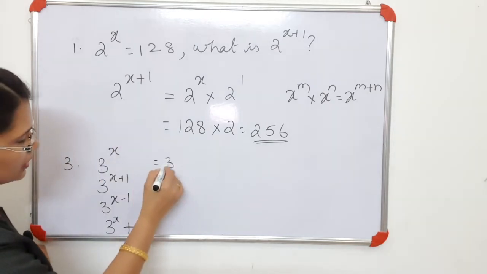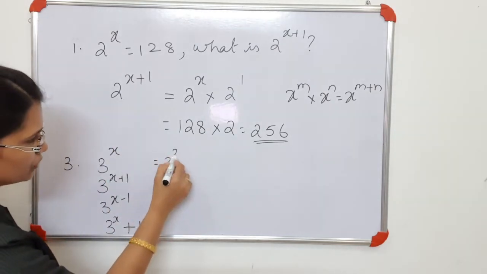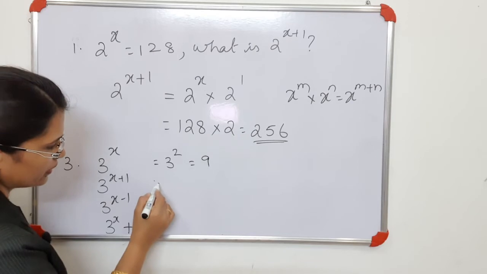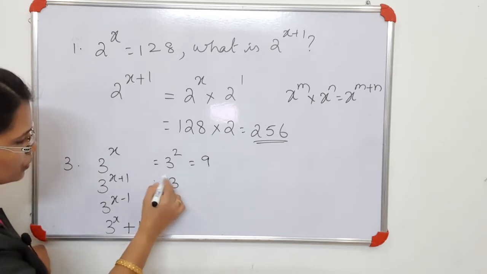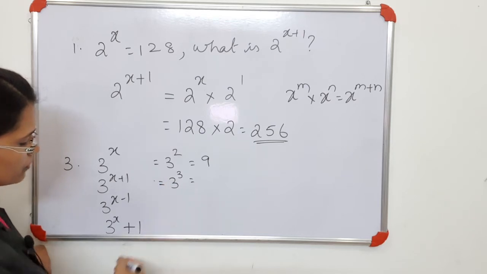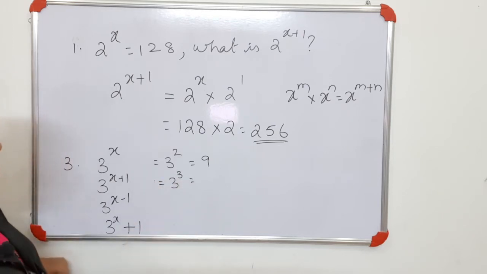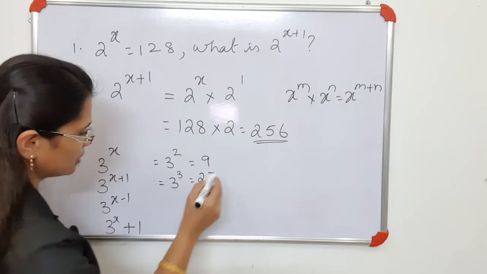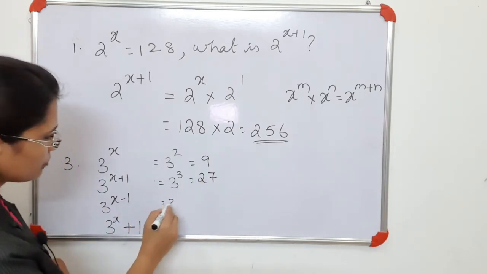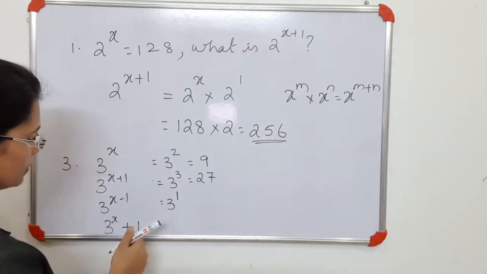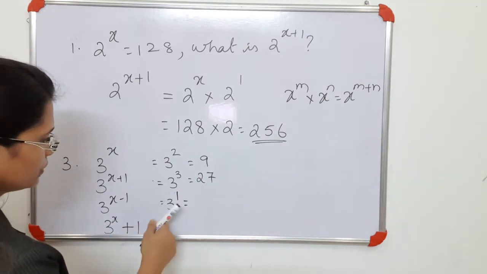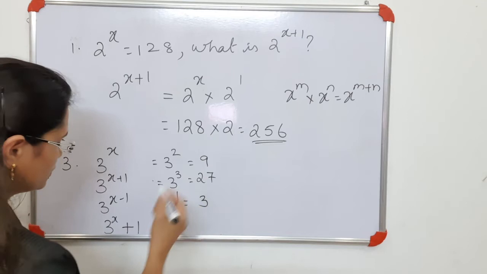Check, suppose x is equal to 2. So 3 square is equal to 9. Suppose x is equal to 2, then 3 raised to 2 plus 1 is equal to 3 cube, which is equal to what? 3 3s are 9, 9 3s are 27. Here 3 raised to 2 minus 1 is equal to 3 raised to 1, which is equal to 3.